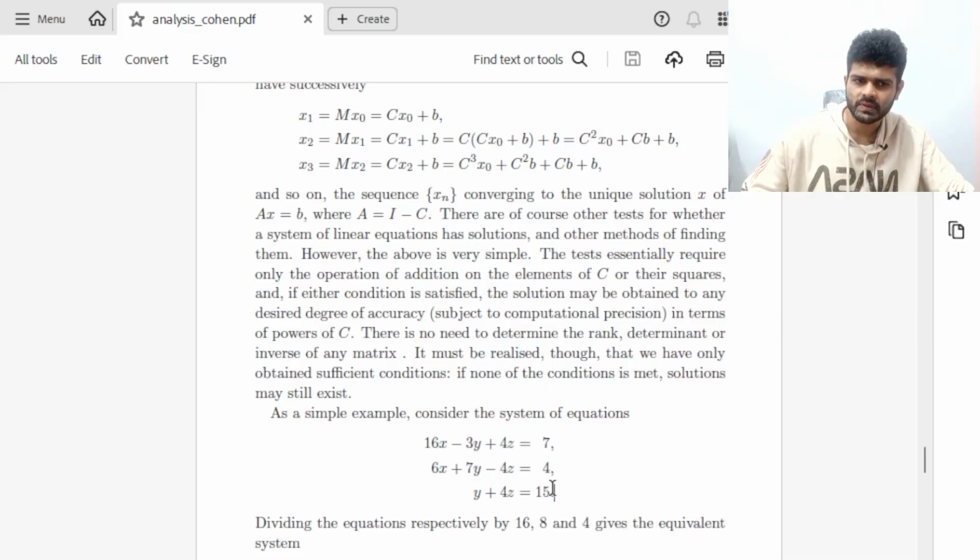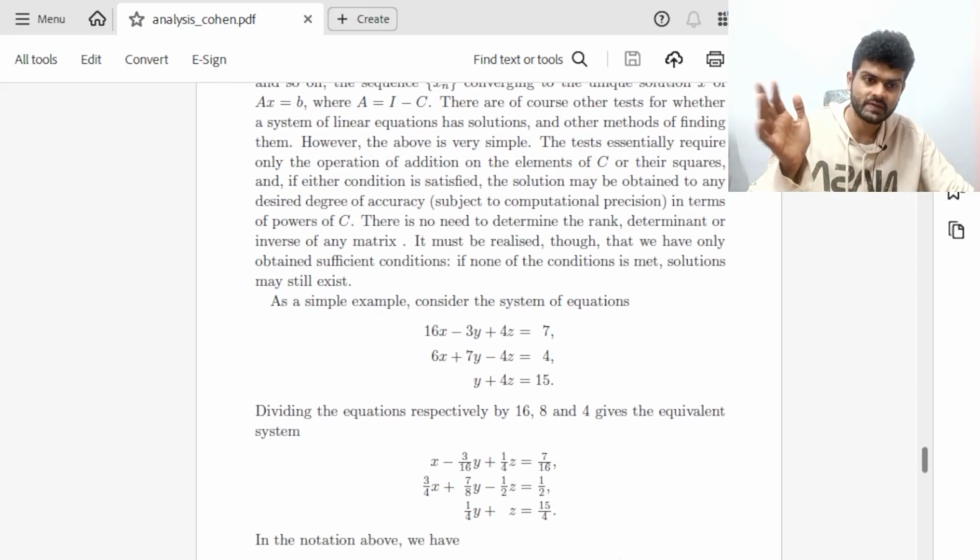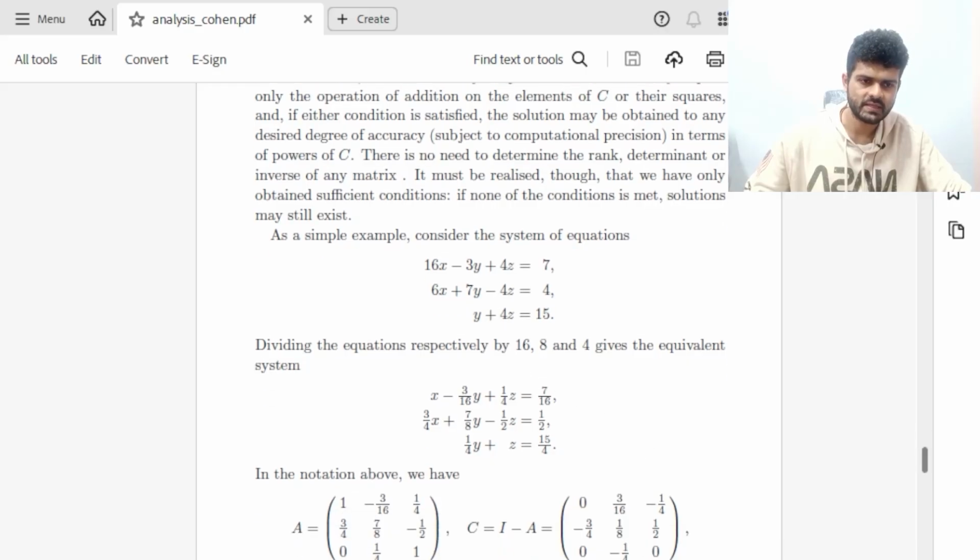For example, there are specific conditions that I was talking about. Maybe not all systems or not all matrices satisfy that condition, yet that system may be solvable. There may be a solution. So this is the system that they have shown in the textbook. What they have done here is interesting.